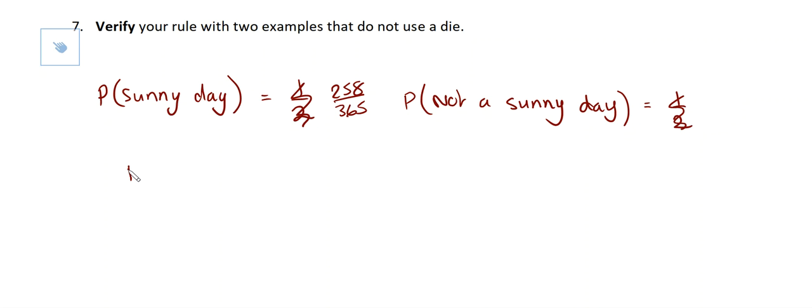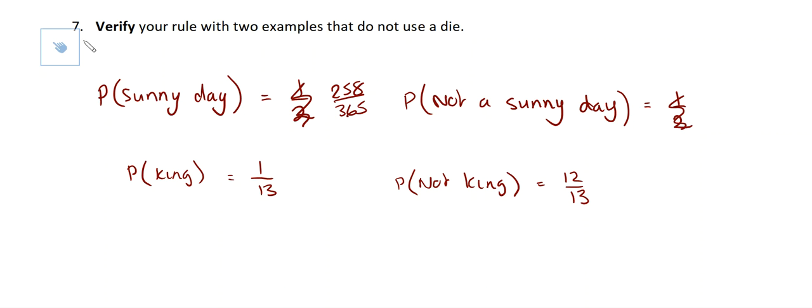Good examples are probability of getting a king or a queen or something like that. Yeah? That would be 1 from 13. Probability of not a king is 12 from 13.